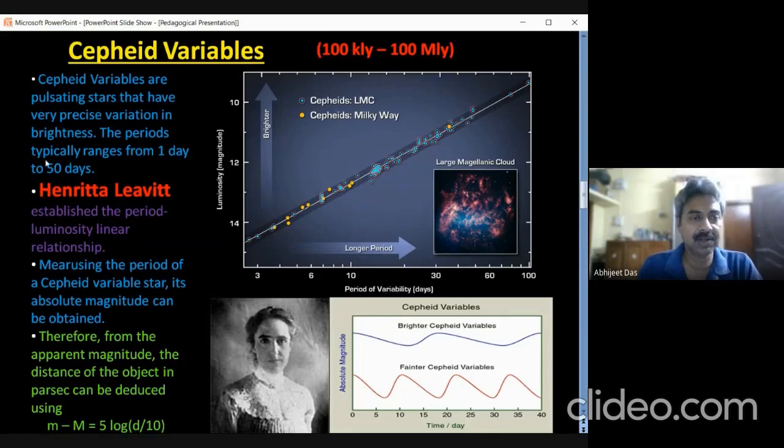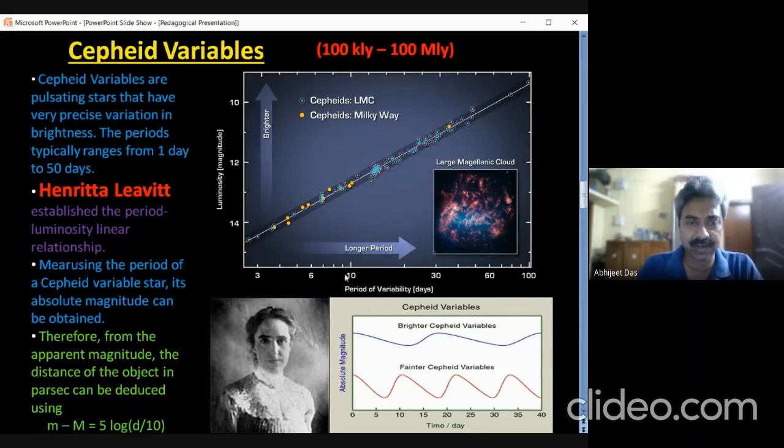These periods typically range from 1 day to 50 days. Here we have a graph showing two such periods, one with a longer period and the other a shorter one.